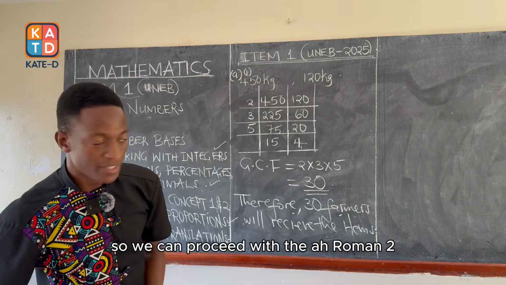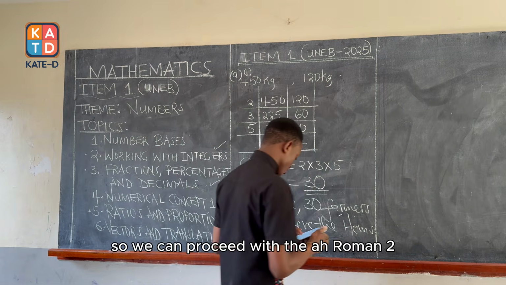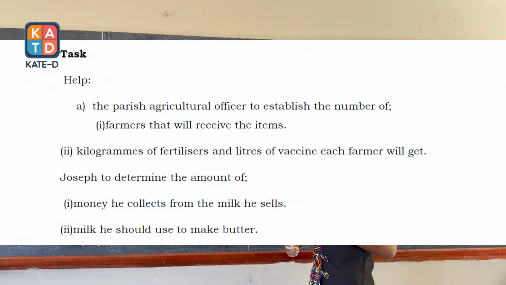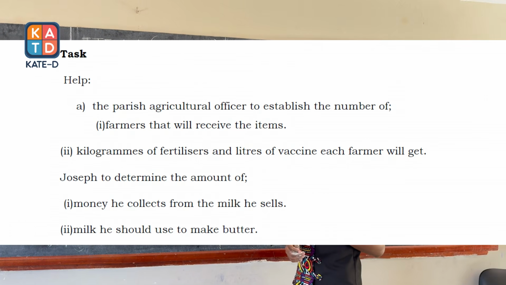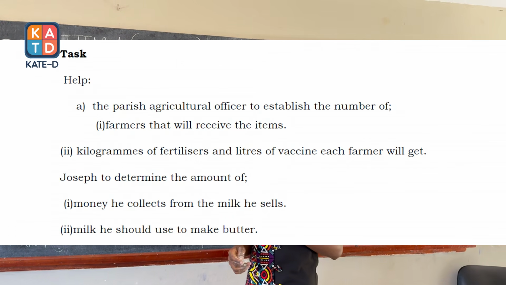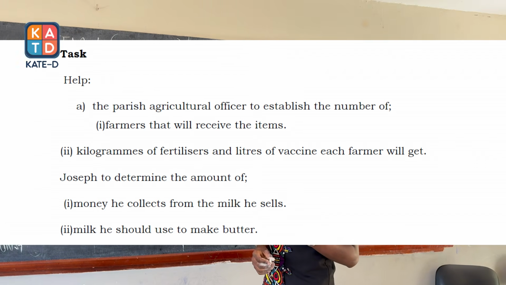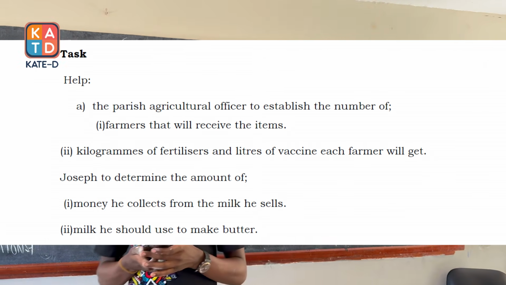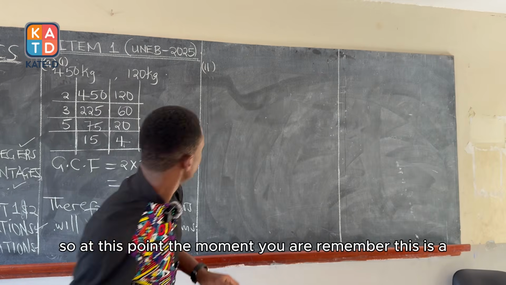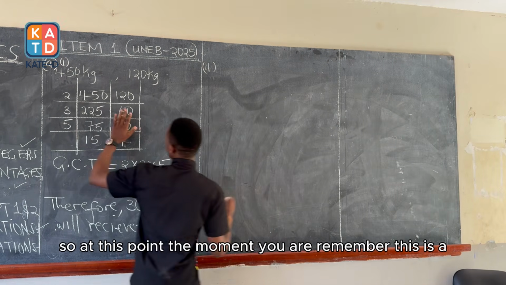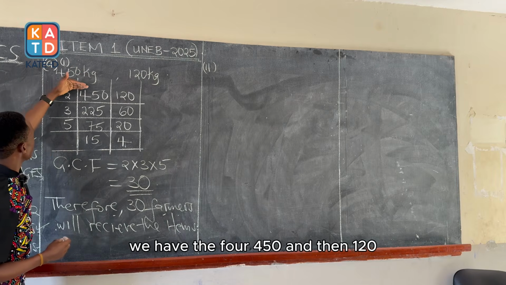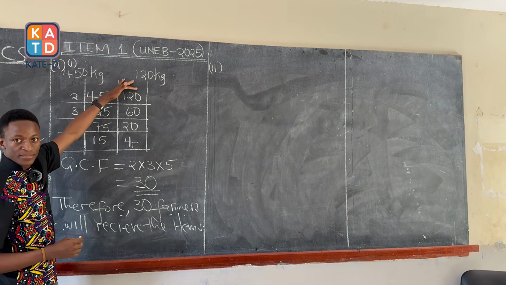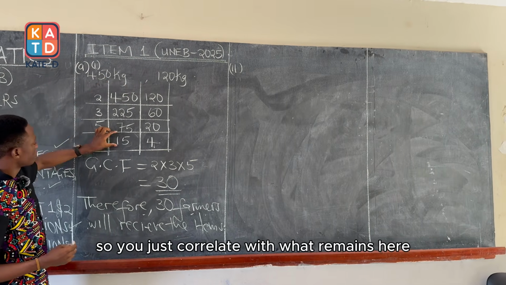So we can proceed with Roman 2. The task says, help the parish agriculture officer to establish the number of kilograms of fertilizers and liters of vaccine that the farmer will get. Remember, we have the 450 and then 120, so you just correlate with what remains here.